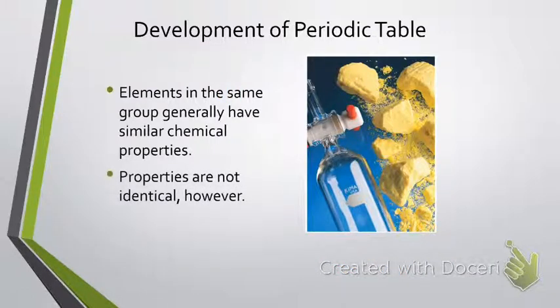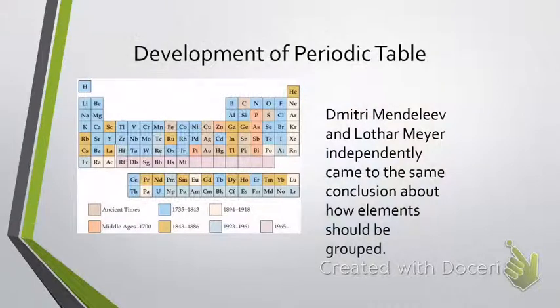Even though elements in the same family or group typically have similar chemical properties, they are not necessarily identical. Now, what's amazing is that independently, Dmitry Mendeleev and Lothar Meyer came to the same conclusions about how the various elements, the ones at least that were known at that time, should be arranged.